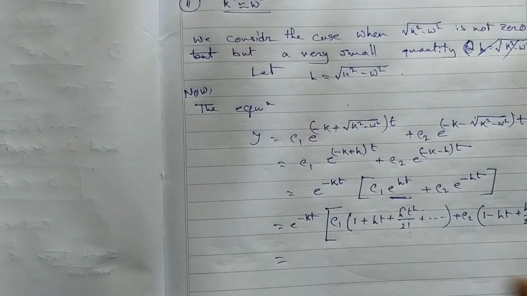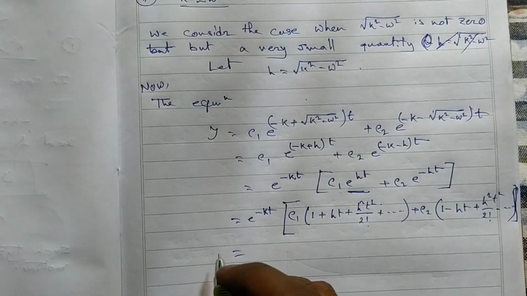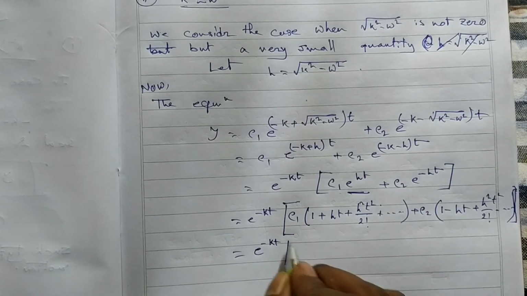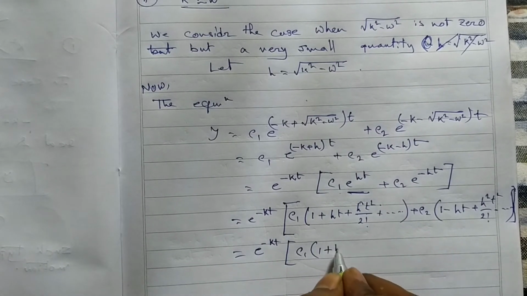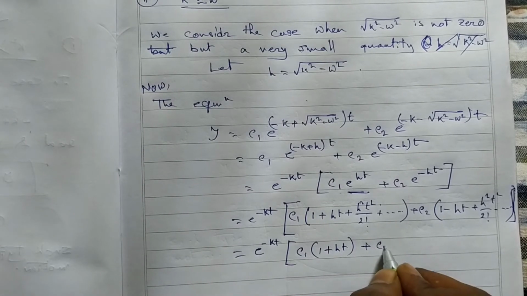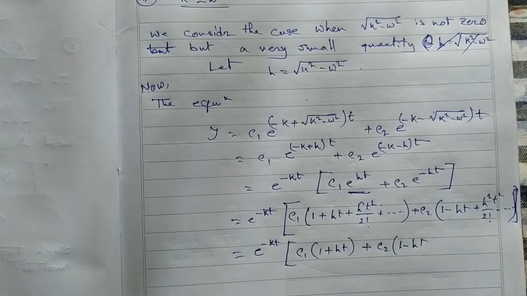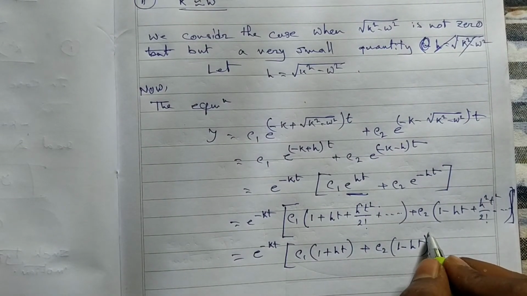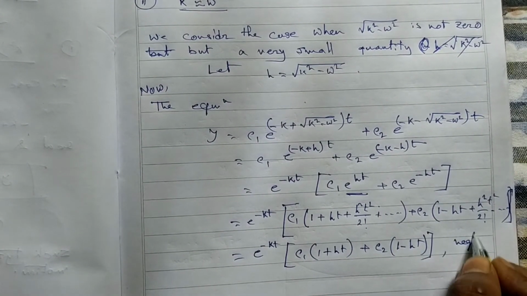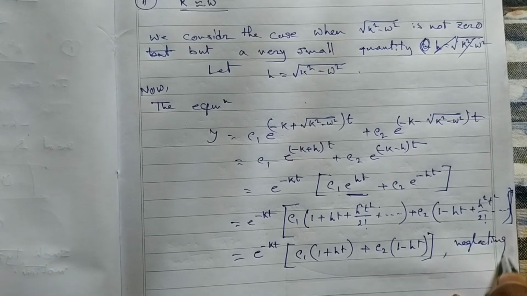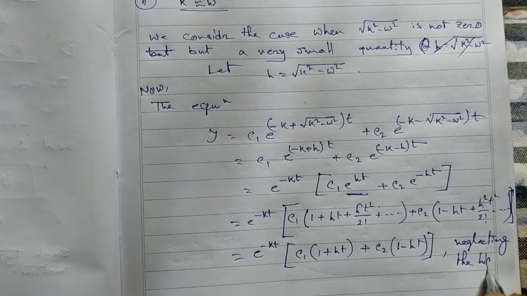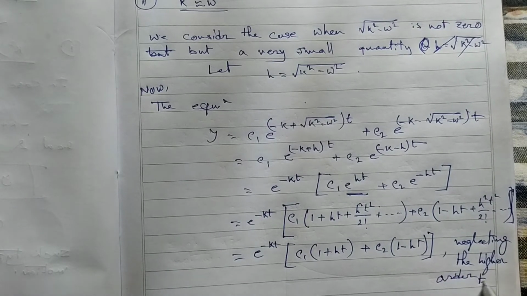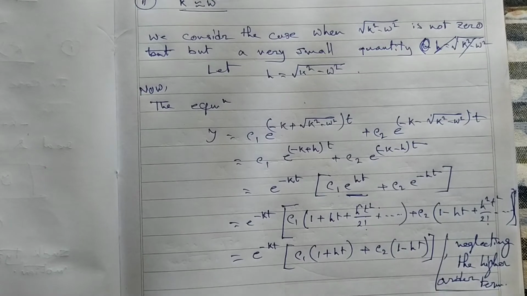So for e to the power minus kt, c1 times 1 plus ht plus c2 times 1 minus ht, neglecting the higher order terms. We are neglecting the higher order terms.